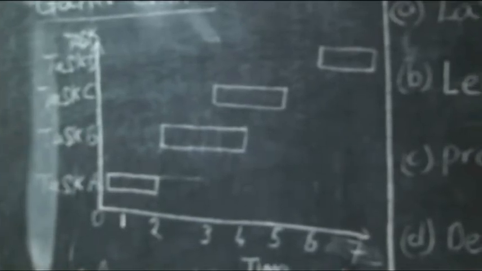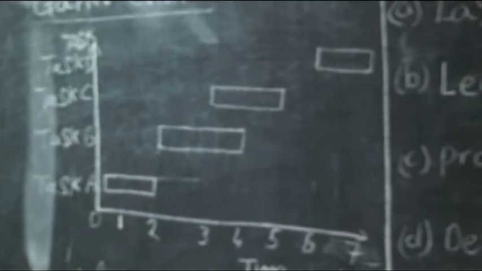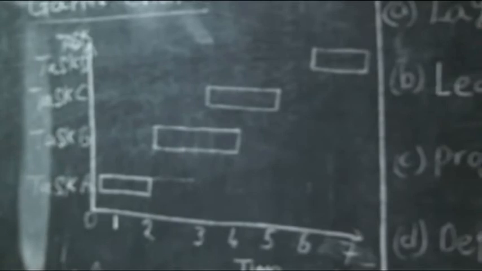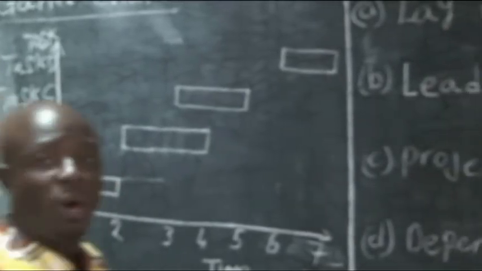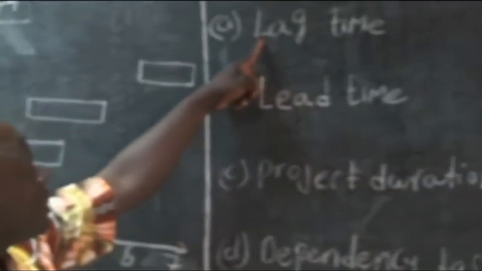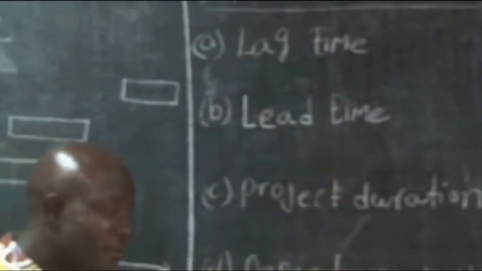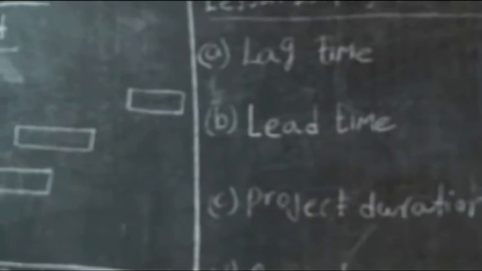So our activities are going to be as follows. Identify the following using the Gantt chart above. 1. We are going to look at the lag time. First, what is lag time?